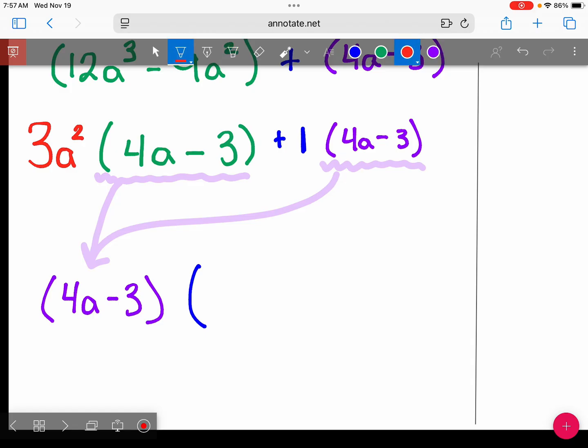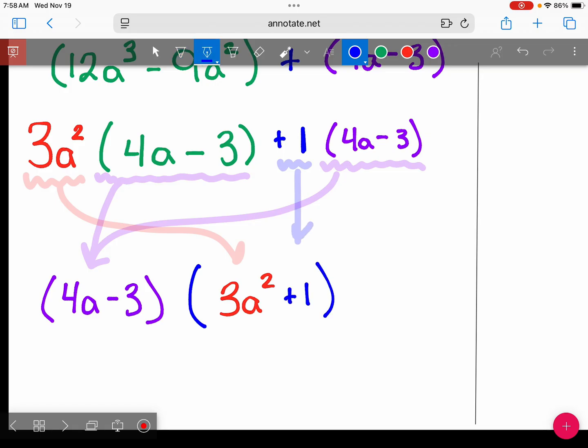We're going to have our 3a squared come on down, and our plus 1 comes on down. So we've gotten ourselves into the factored form. Okay, so when we're trying to factor by grouping, we break them up into pairs.